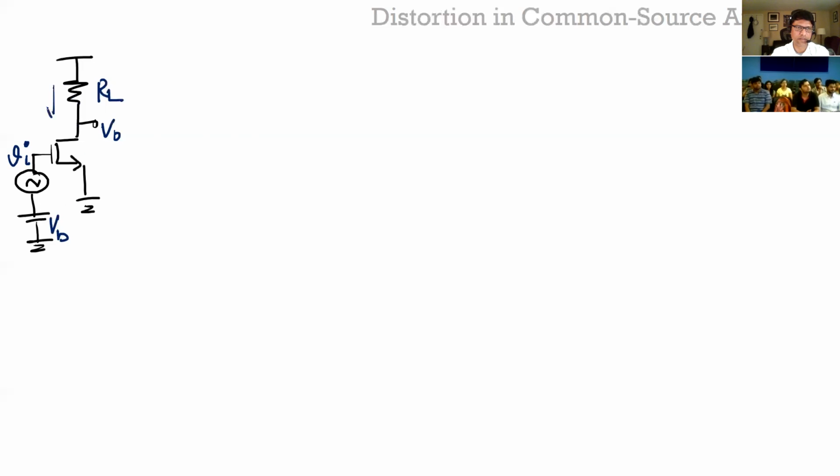This is some load RL, and that's your output Vout. So you have some DC current flowing, IB. You set VB such that you have a DC current IB, and this is some transistor M1.